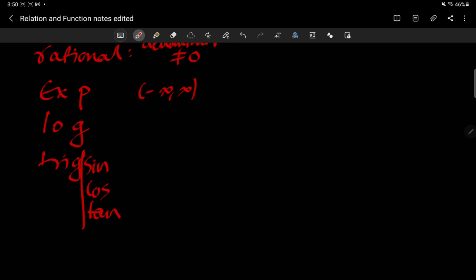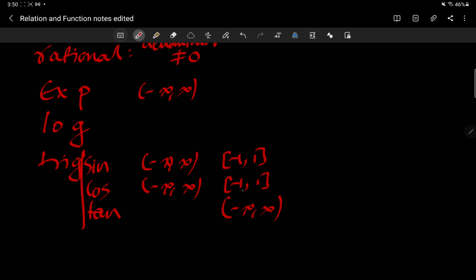Sine, cosine, tangent. Sine and cosine can take any input, but their outputs are restricted to -1 to 1, whereas tangent can give any output you want.